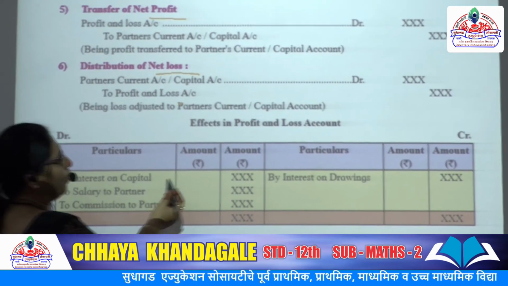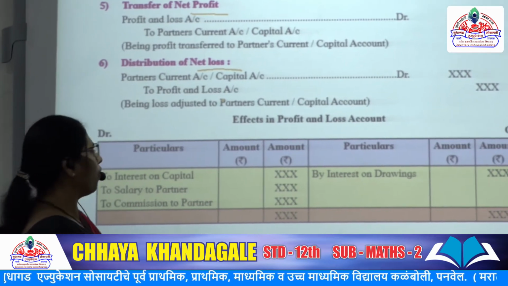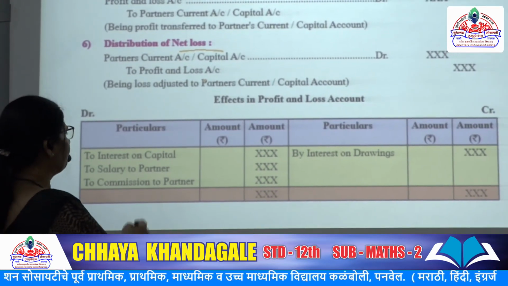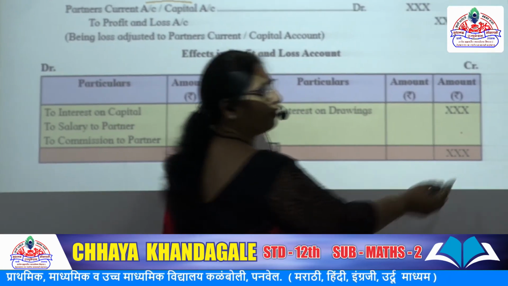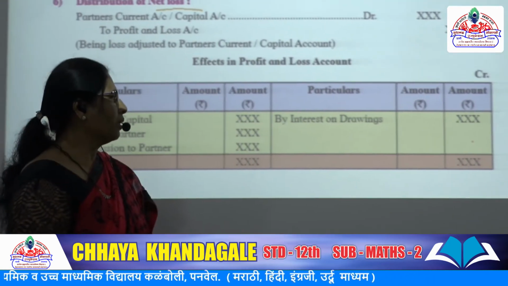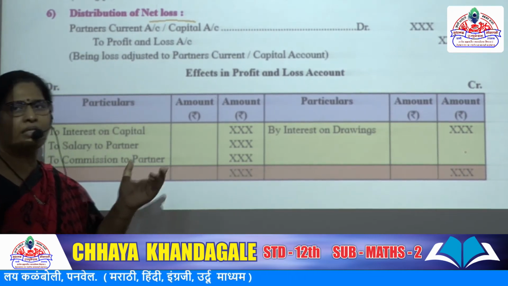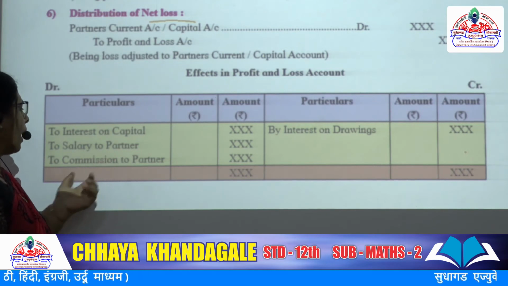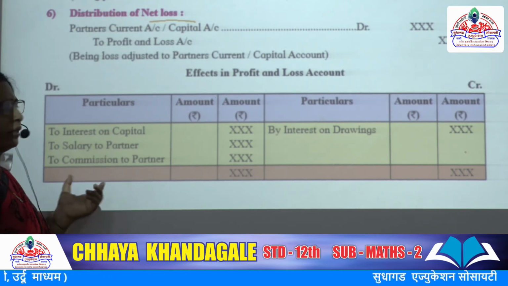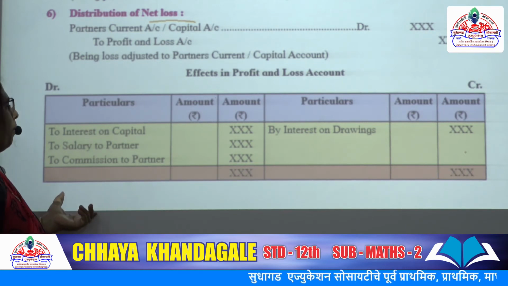Now effects of profit and loss account. See, in the profit and loss account, interest on drawings we are going to write on the credit side. And these all are expenses: interest on capital, salary to a partner, commission to a partner, all this is expense for the firm, but it is a gain for the partner.